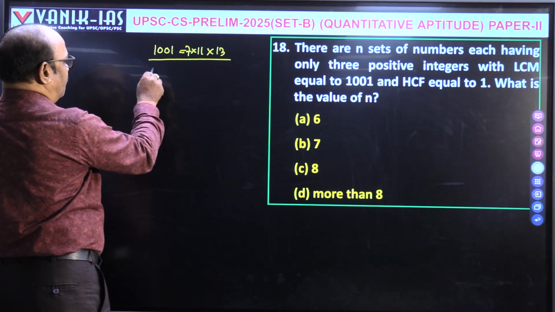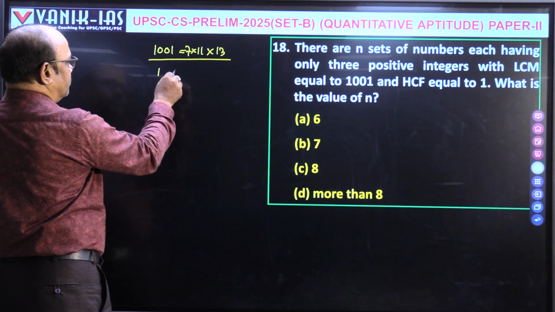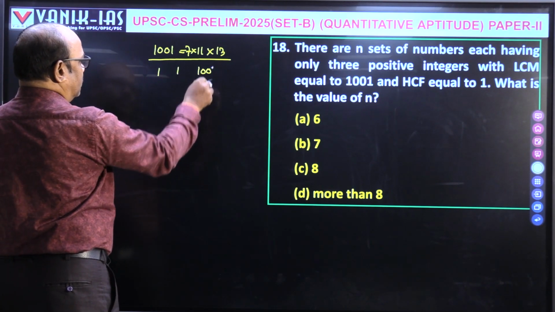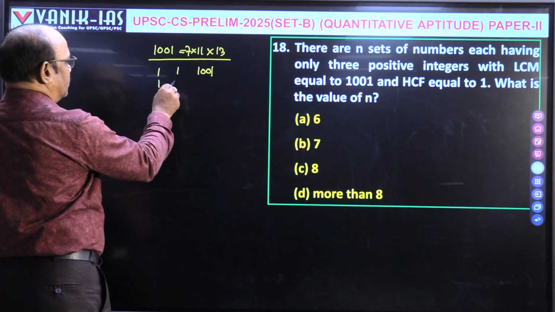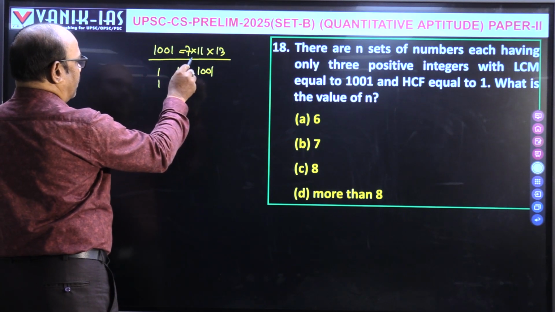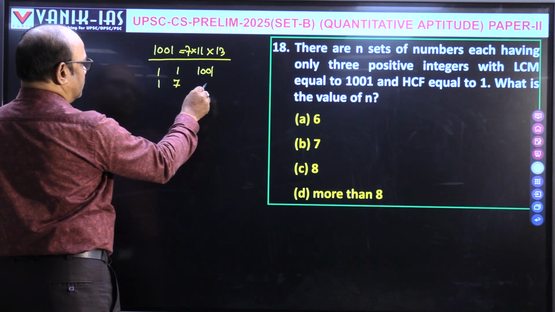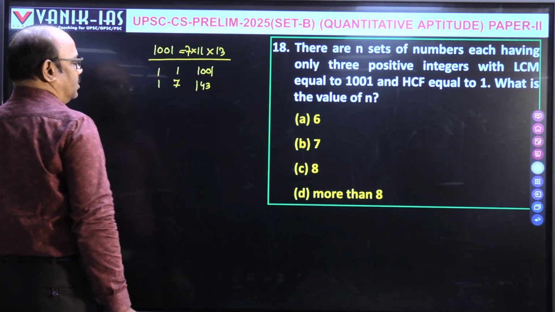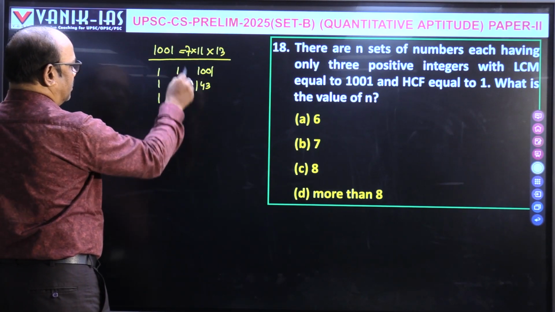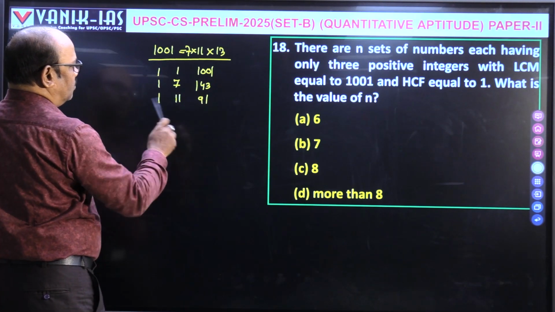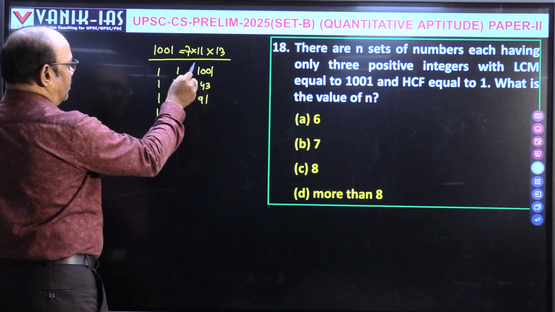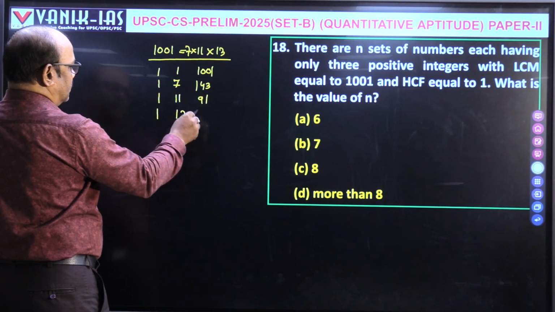So you can say the first set is 1, 1, 1001. This is one of the sets. 1, 7, 143. So like this you can search the sets. 1, 11, 91. There is nothing common between them. 1, 13, 77.